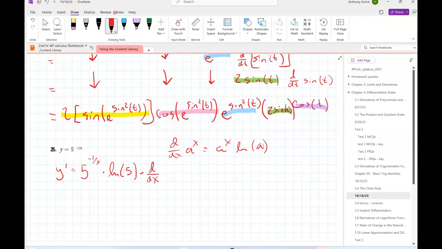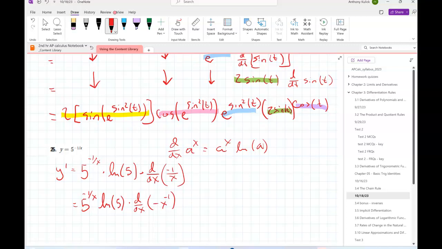So 1/2. So then I have times the derivative of the inside. What's going to be the easiest way to do the derivative of negative 1 over x? I'm just going to write it as a power rule.